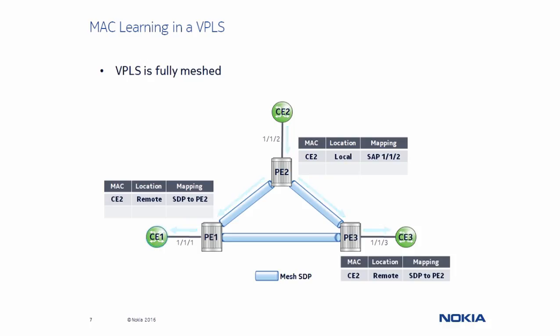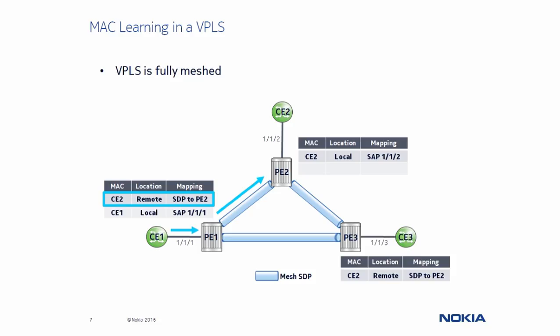Next, CE1 transmits a frame with CE2 as the destination, which arrives at the SAP on PE1. PE1 learns the location of CE1 from the source address in the frame and updates its FDB. This time, the PE router has the MAC address of the destination in its FDB and therefore knows to transmit the frame only on the SDP to PE2.